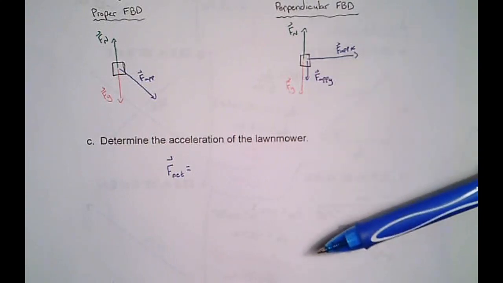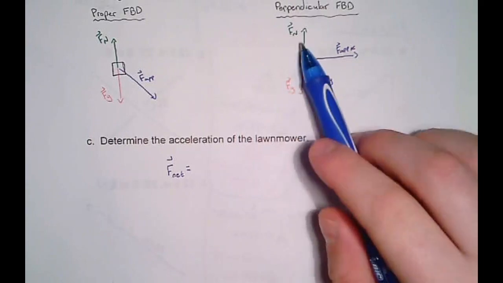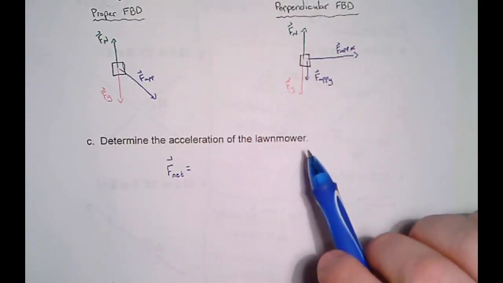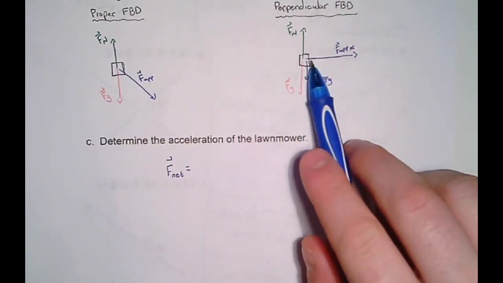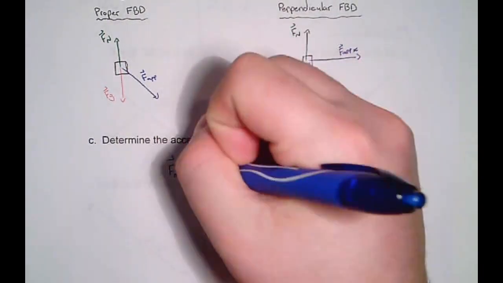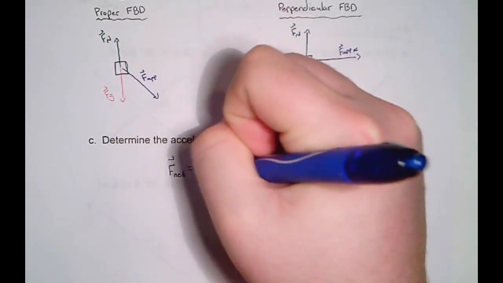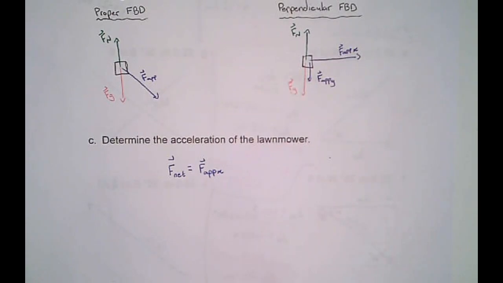The lawnmower is not going up and down, it's staying flat on the ground. So those actually we don't include. They balance out to 0. The only force that's not balanced, that's bigger, is the applied force in the x direction. So the net force is equal to the horizontal applied force, or the applied force in the x direction.